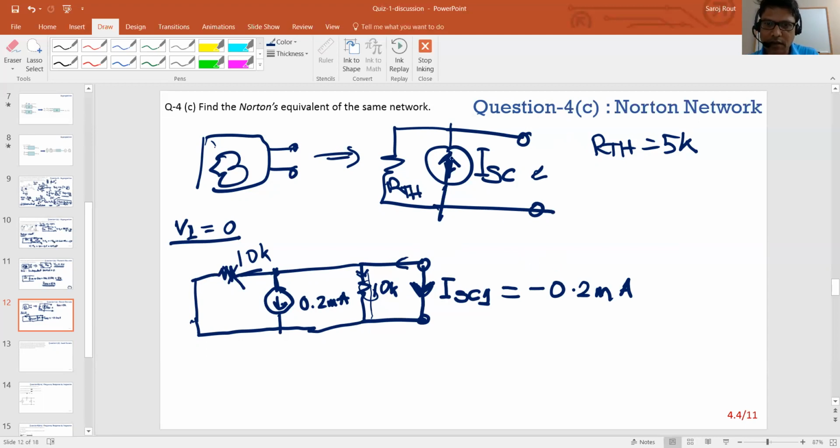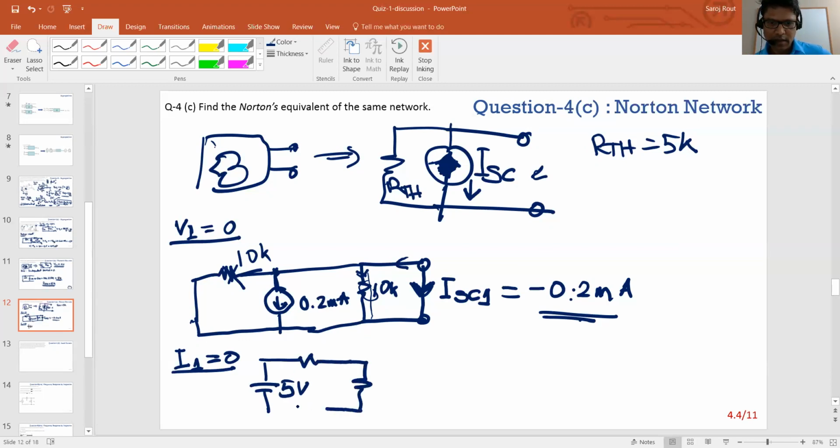Actually, on this one, let me be consistent here. Let's choose this one in this direction as well. So that's your first current there, right? For the second current, we choose I1 equal to 0. In that case, it'll be V bat, which is 5 volts here. You get 10K, and you get another 10K here. The current source is open. These are the two nodes, again 10K and 10K, and these are the two nodes I shorted, right?